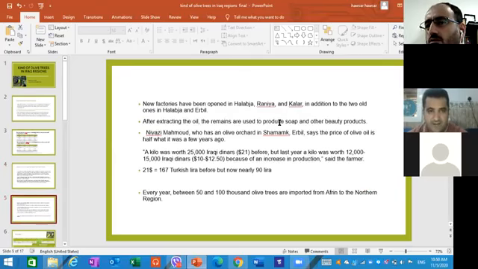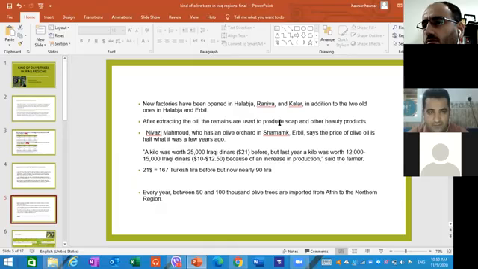After that, new factories have been opened in Halabja, Rania, Kalar, Suleymaniye city and Erbil city for the production of oil. And after extraction of oils, the remains are used for the production of soap and other beauty products.